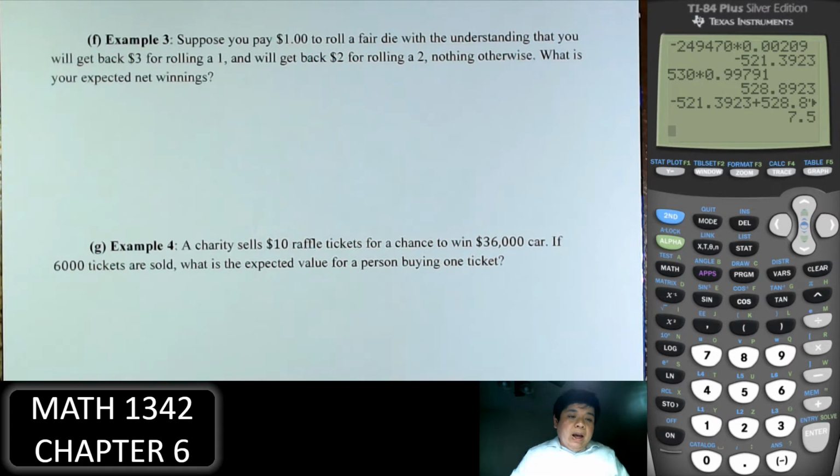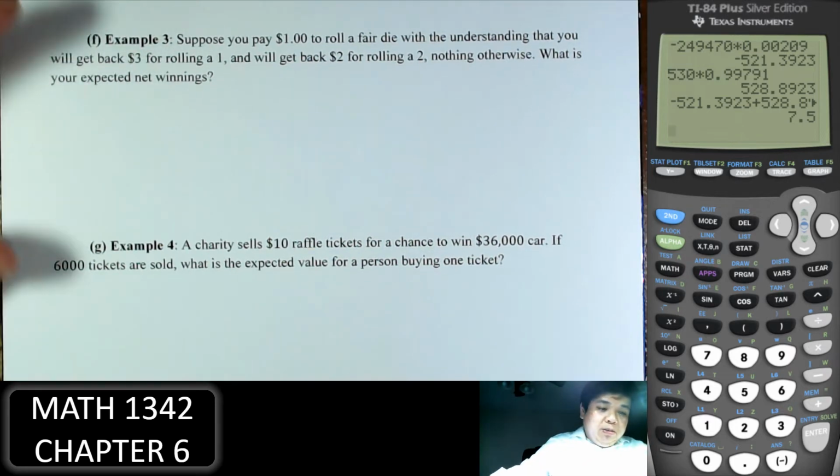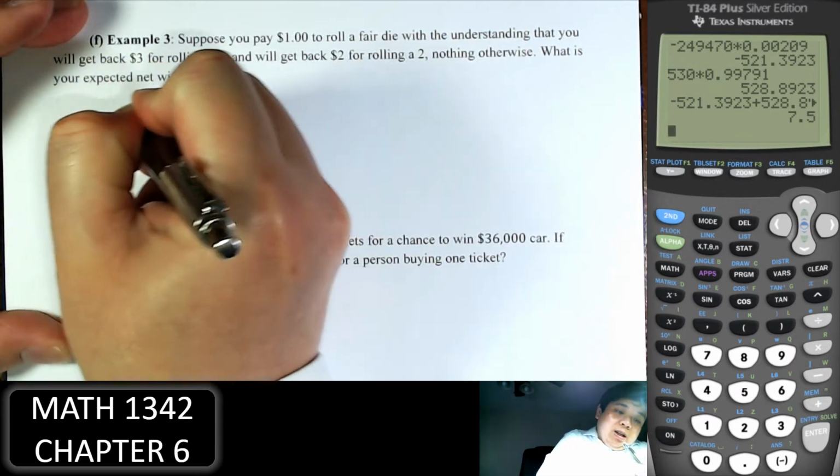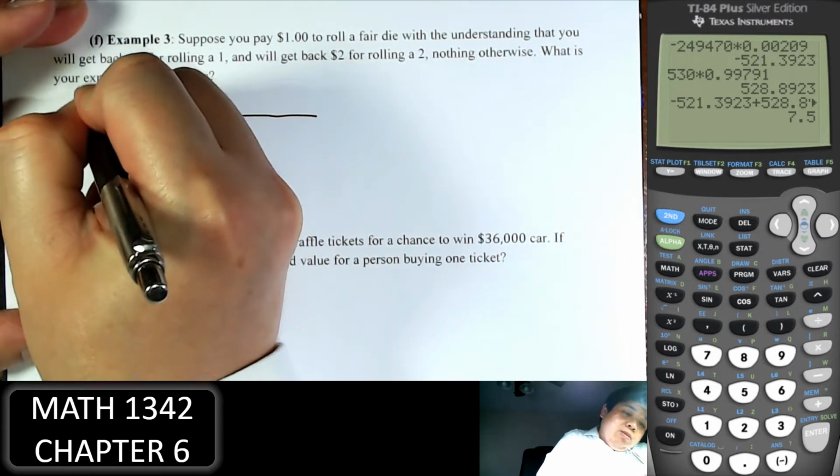Suppose you pay $1 to roll a fair die, with the understanding that you will get back $3 for rolling a 1, get back $2 for rolling a 2, and nothing otherwise. What is the expected net winnings? So we'll make a table like what we did. The first column is the outcome.